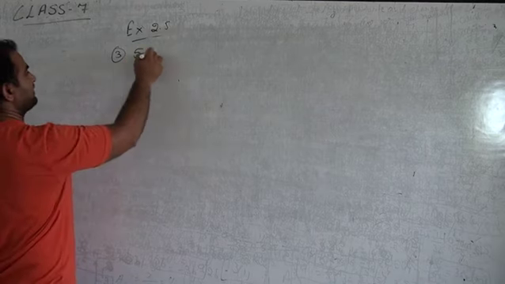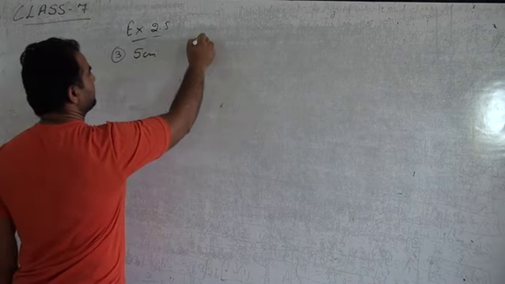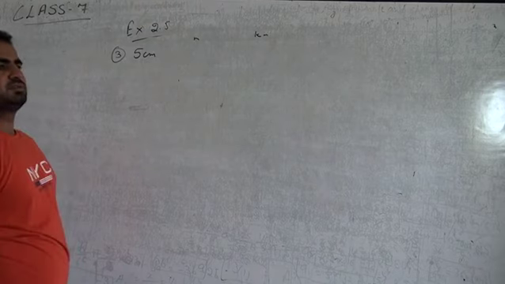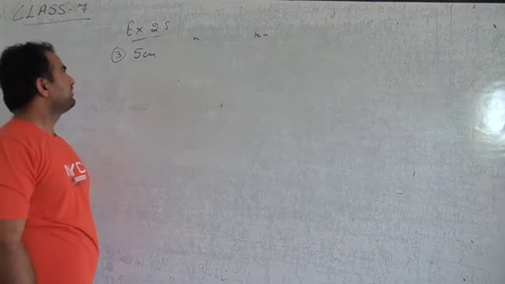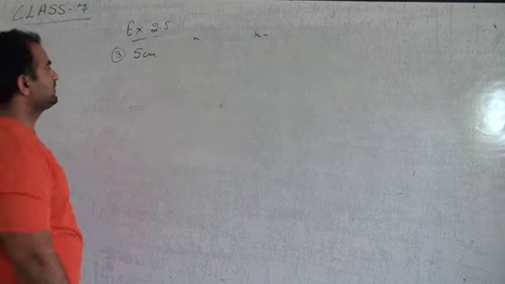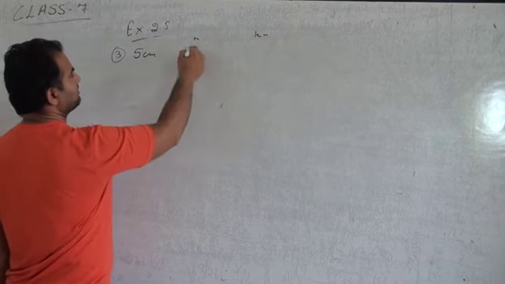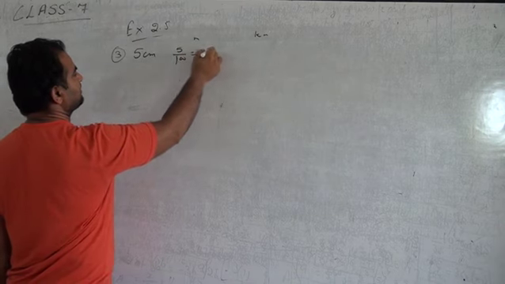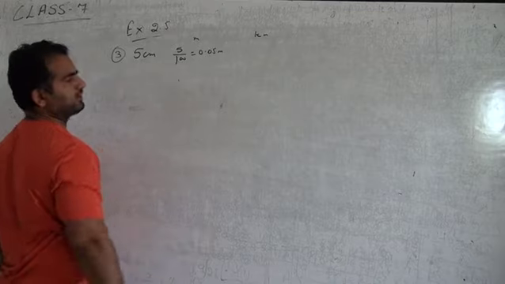To change into meter, we know that 1 meter equals 100 centimeter. So we have to divide by 100. So it will be 5 upon 100, equal to 0.05 meter.